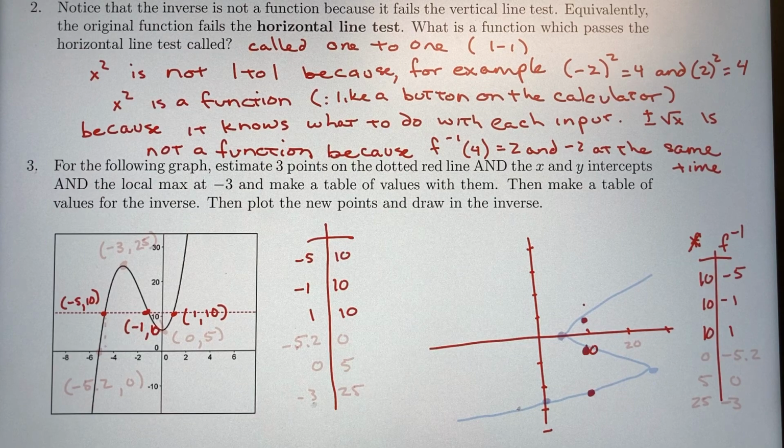I'm going to plot the x-intercept, which looks like it's at, well, if that's -5 here at height 10, this is probably -5.2-ish, something on that sort of order. So 10, -5, 0, -5.2, fine.